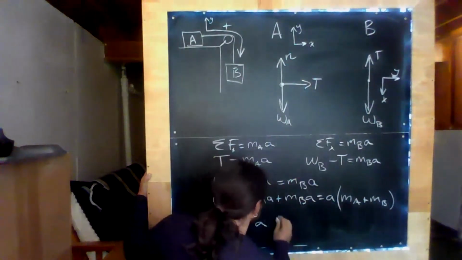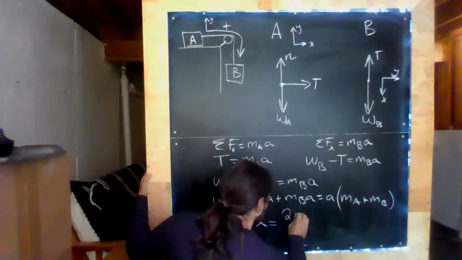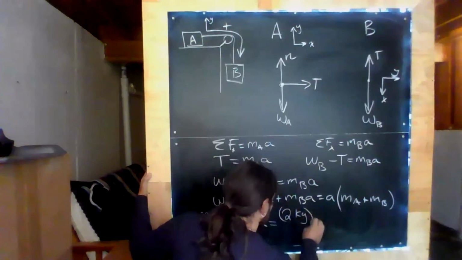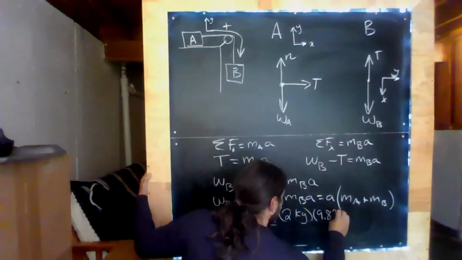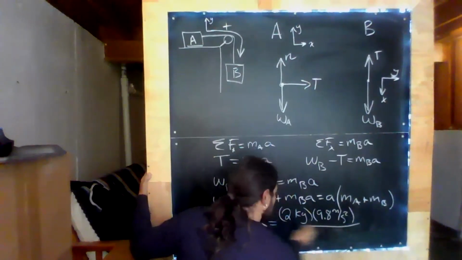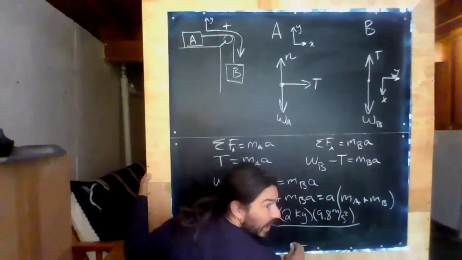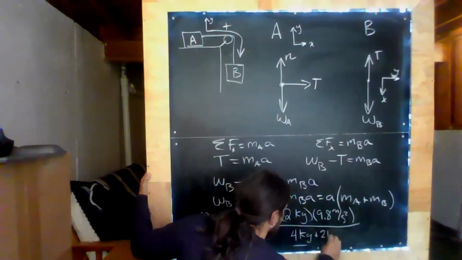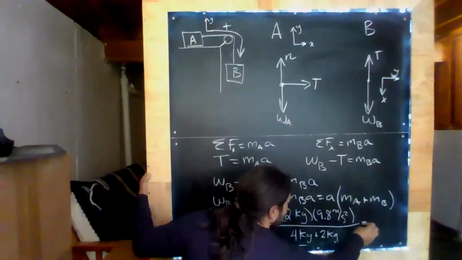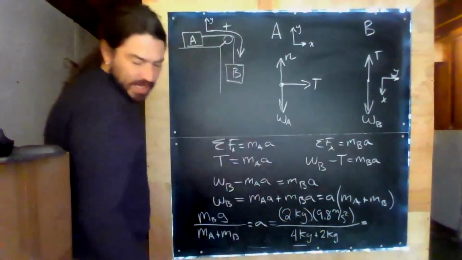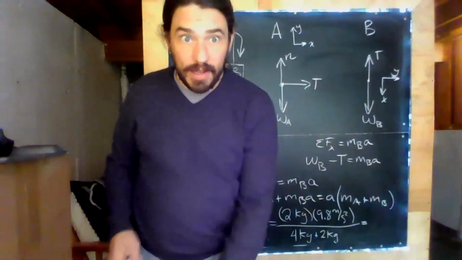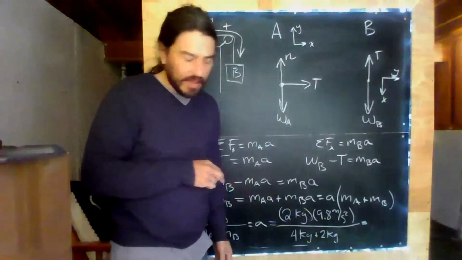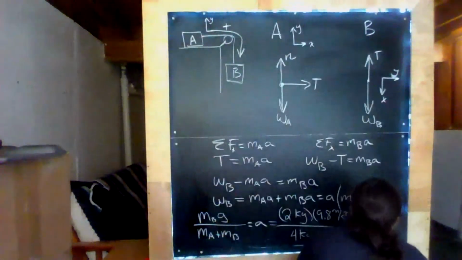Mass of block B is 2 kilograms, times g, divided by 4 kilograms plus 2 kilograms. And when I run my calculator, I get 3.27 meters per second squared.